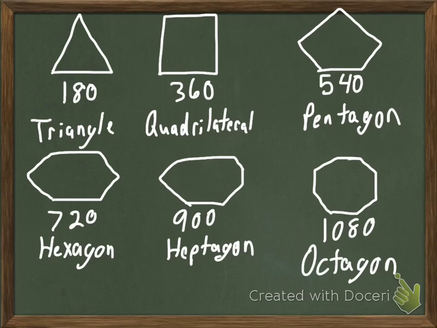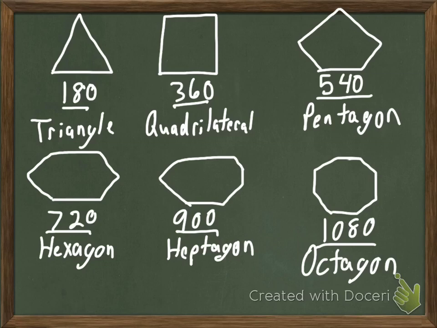Tri meaning 3, quad 4, penta 5, hexa 6, hepta 7, and octa 8. And then in between the figure and the name, there are these angle measures. That is the measure of all of the interior angles. If you were to add up all the interior angles, that's the number you would get.